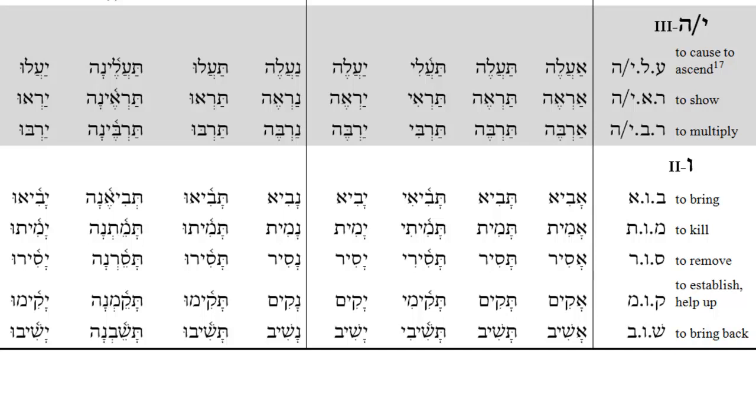The last group of verbs are hollow verbs. Avi, amit, asir, akim, ashiv. Notice in each case that the infixed hirik yod vowel takes the place of the second radical.